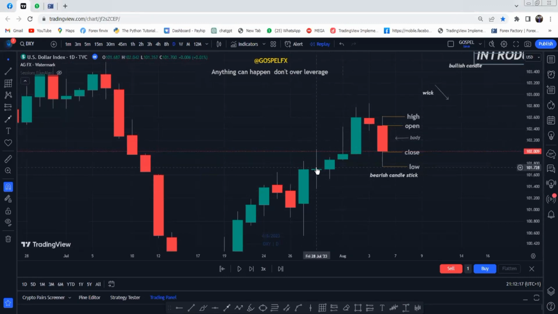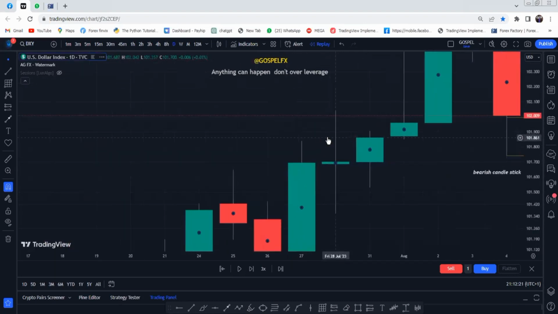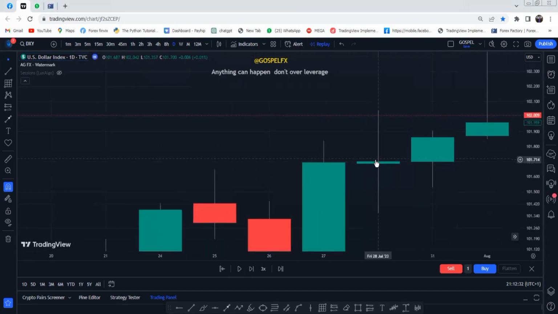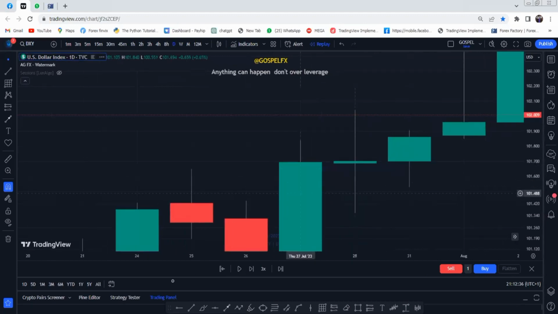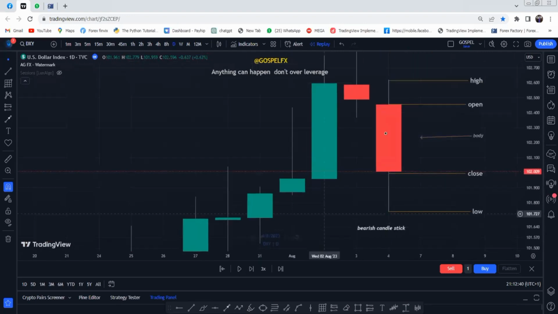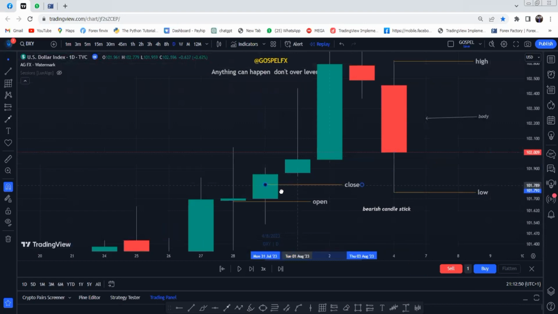You see some ones like this one, which actually looks like a cross. It's called a Doji. A candlestick that barely has a body is called a Doji. This one is a bullish Doji, which means it opened down and closed just slightly above where it opened.